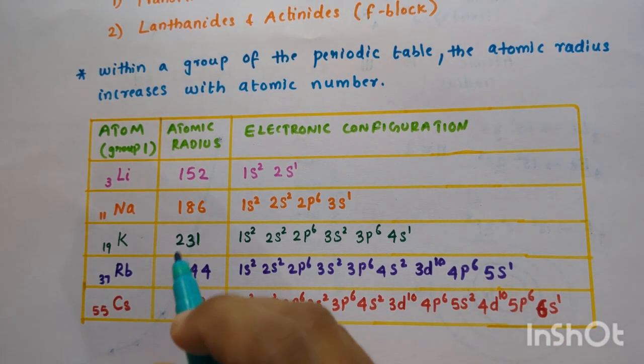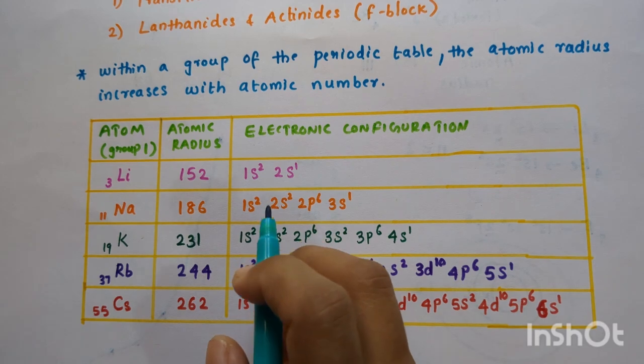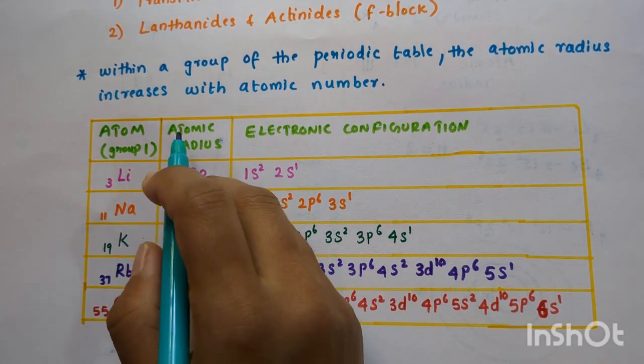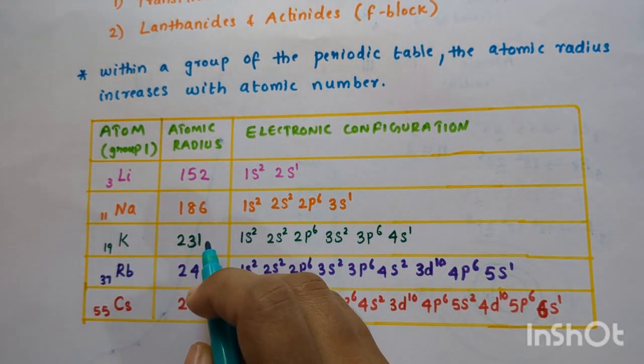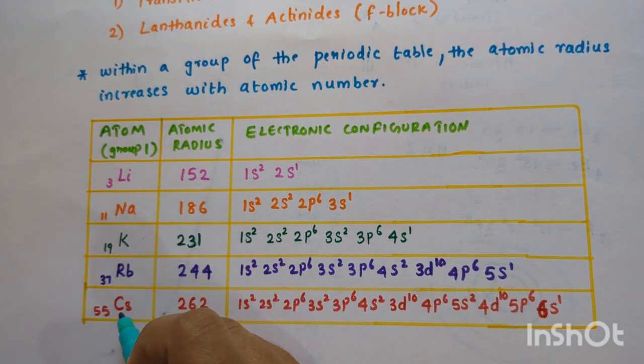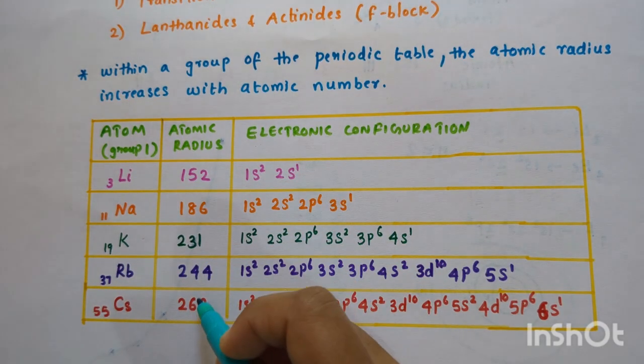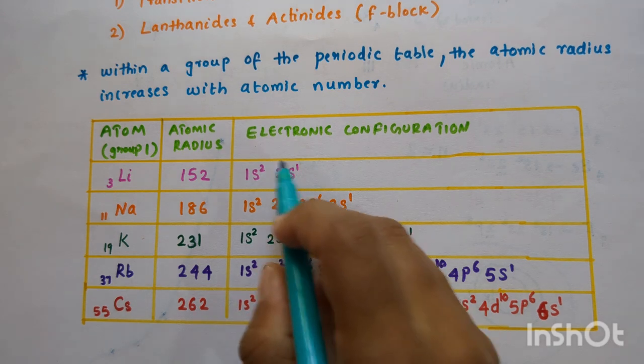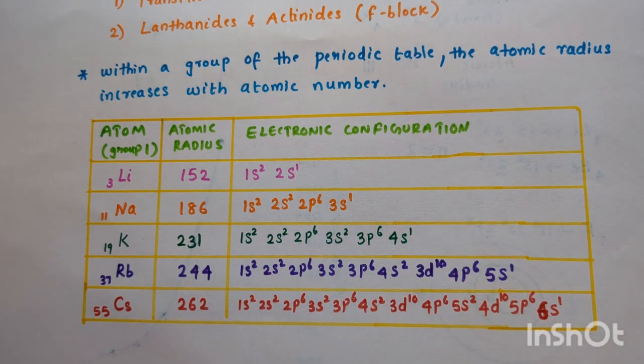You see, the atomic radii of a few elements are listed here. This is actually for the group 1 elements. Okay, here we have lithium, sodium, potassium, rubidium and cesium. Their atomic radius in picometer is also given here. Electronic configurations are also written here.